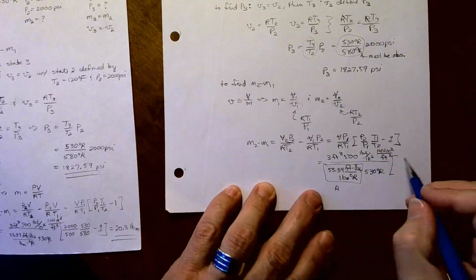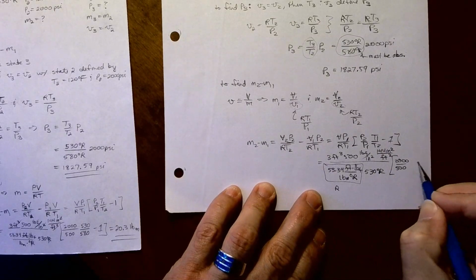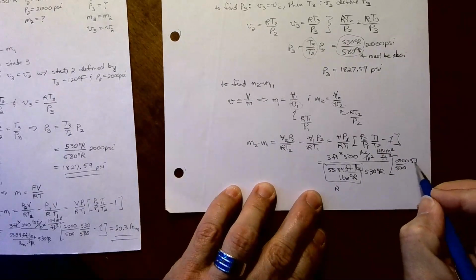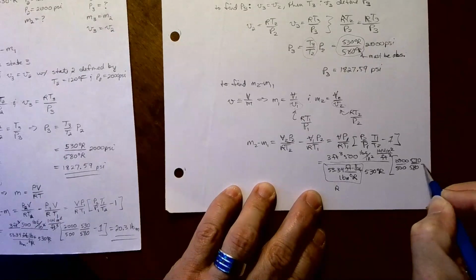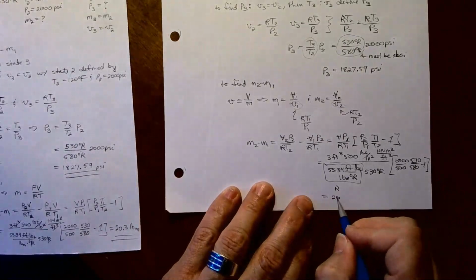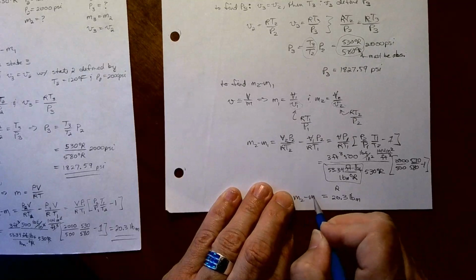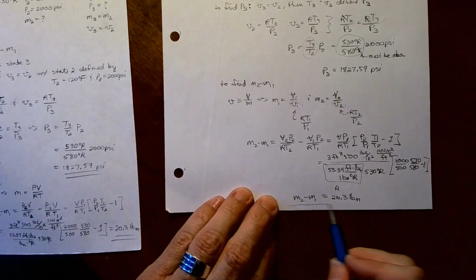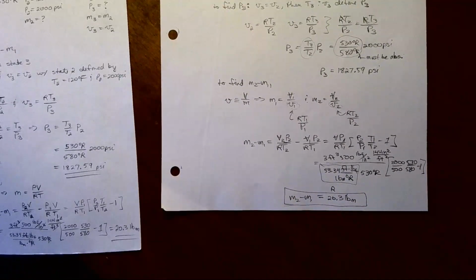And then we have these final ratios that show up there, right? 2000 to 500 times 530 to 580 minus 1. For a final answer, I get 20.3 pounds. M2 minus M1. So there's the amount of mass that has been added to the tank.